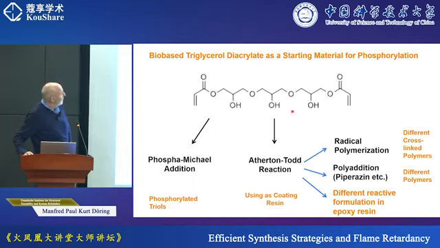Then you have a triphosphorylated diacrylate. You can directly use it for coating. And you can do, of course, a radical polymerization starting after the Atherton-Todd reaction. You can start a polyaddition. Here you will get a thermoset, here a thermoplastic material, and so on and so on. This is very, very versatile, in my opinion. And cheap, bio-based, and commercially available.